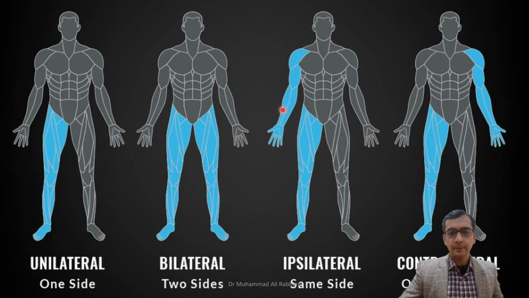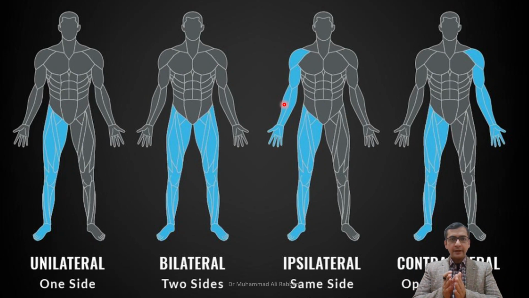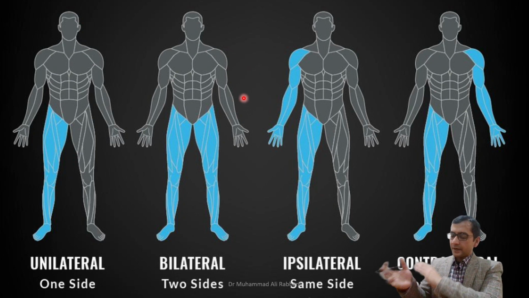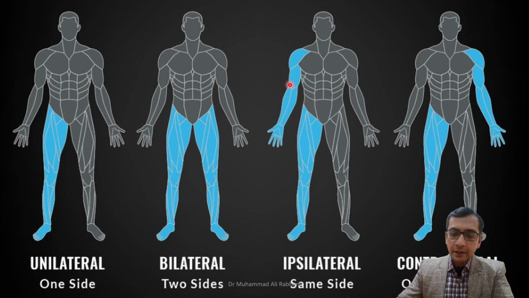Then comes ipsilateral. When we talk about the second thing with respect to the first thing, and then we say if it's on the same side or not. If a person comes with a stroke and has the pain, weakness of the right upper limb and the ipsilateral lower limb. So ipsilateral is on the same side.